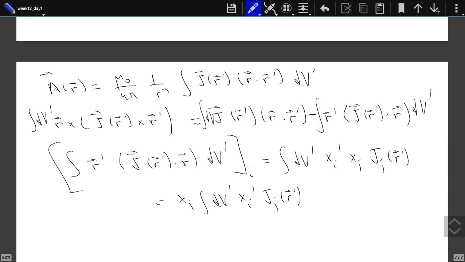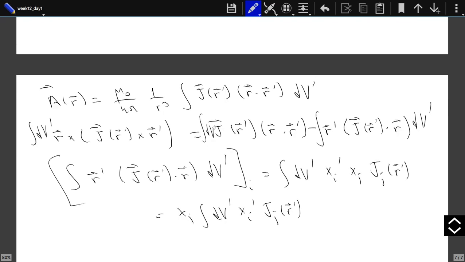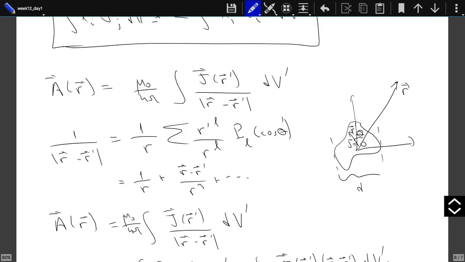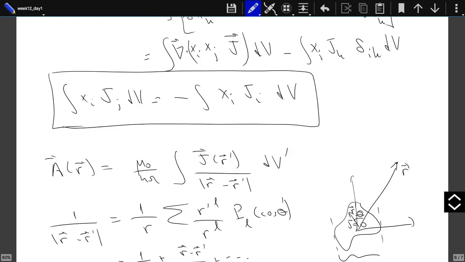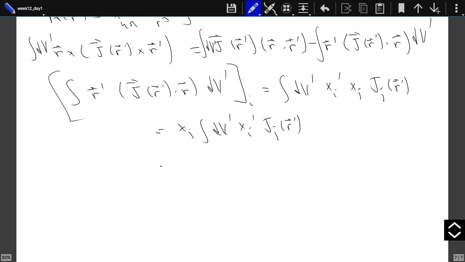But now I can use the identity that I just showed in the previous slide. If I exchange these indices inside my integral, I get a minus sign. So this is equal to minus x_j dv prime x_j prime j_i.